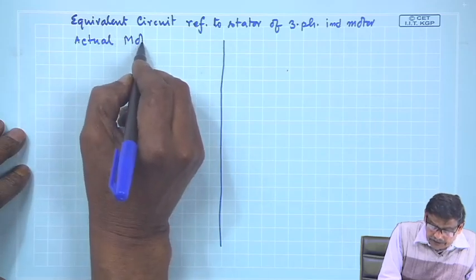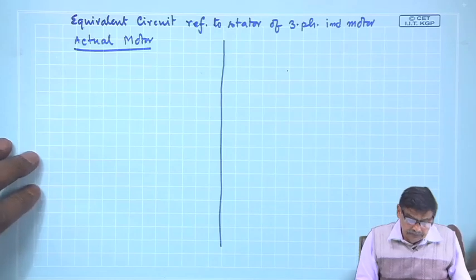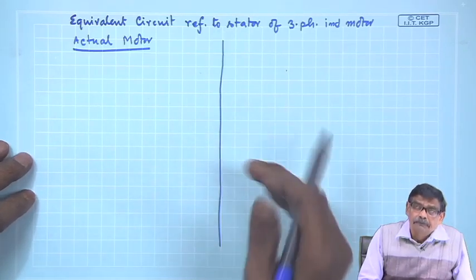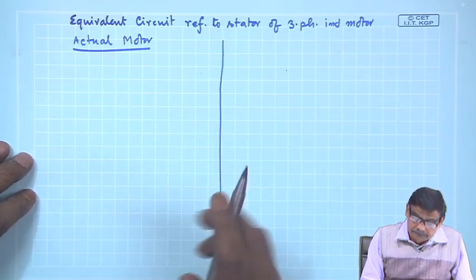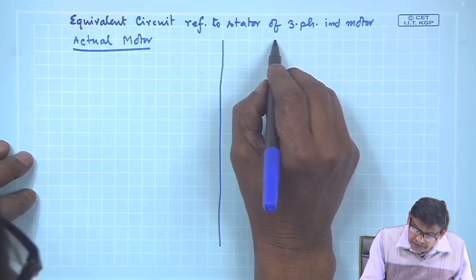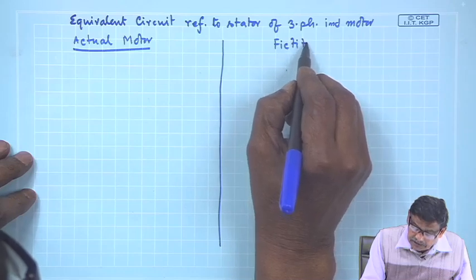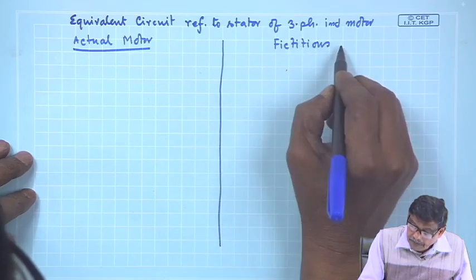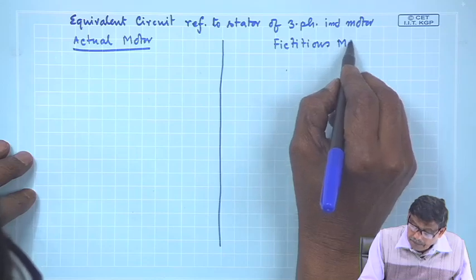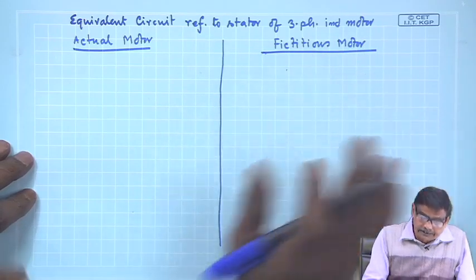What we did last time is necessary, so read it many times, look at this video if necessary. This is a fictitious or imagined motor. This motor is not in existence.